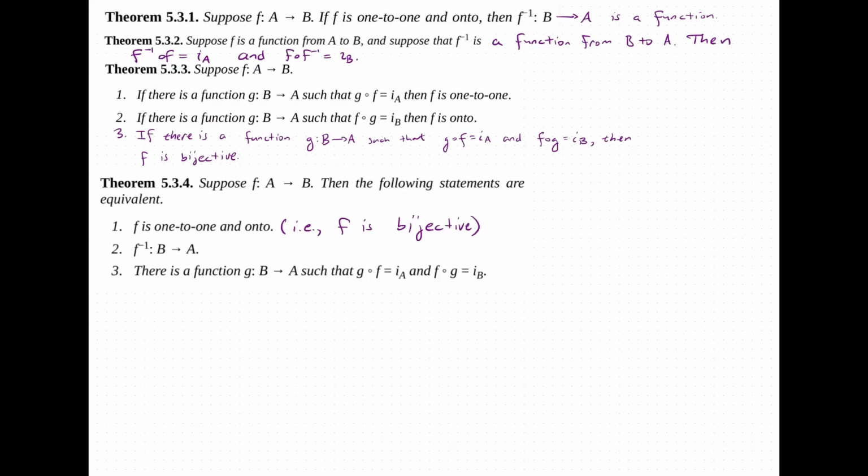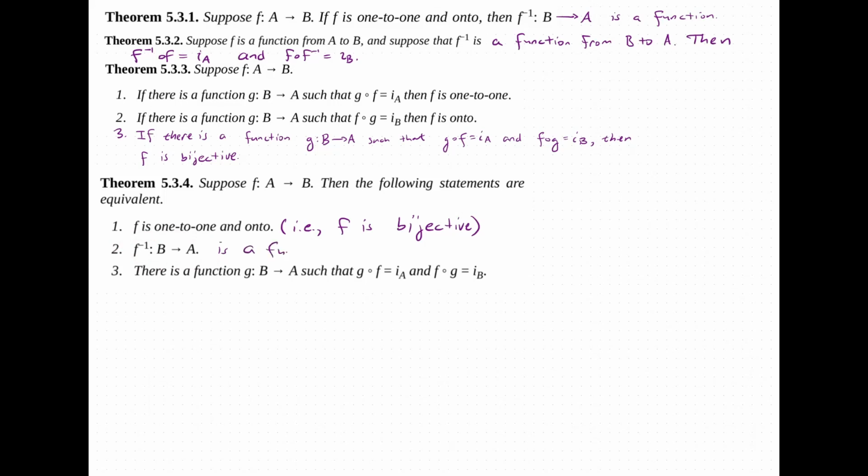So the next theorem is a combination of the previous 3 theorems we have covered, 5.3.1, 5.3.2, and 5.3.3. And what it tells us is that if we have a function f from A to B, then the following statements are equivalent. f is 1 to 1 and onto, that is, f is bijective, is equivalent to the inverse relation from B to A being a function.